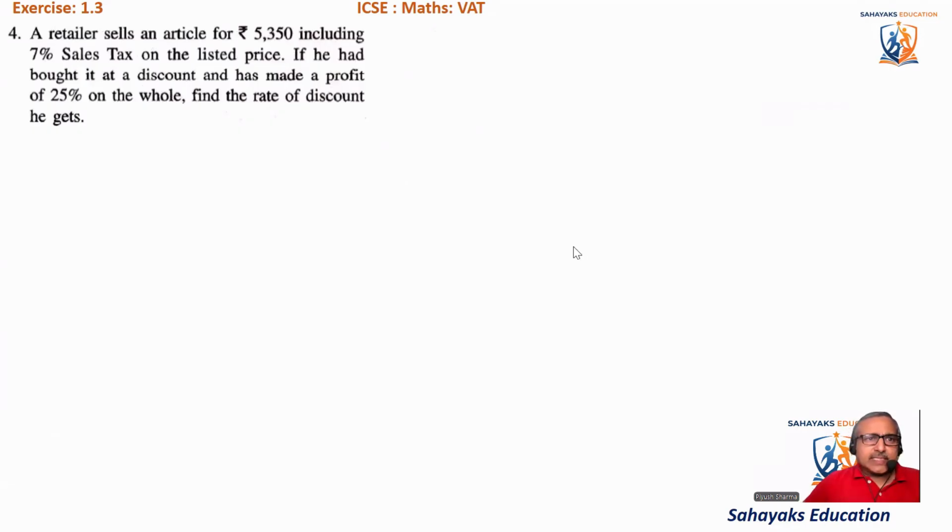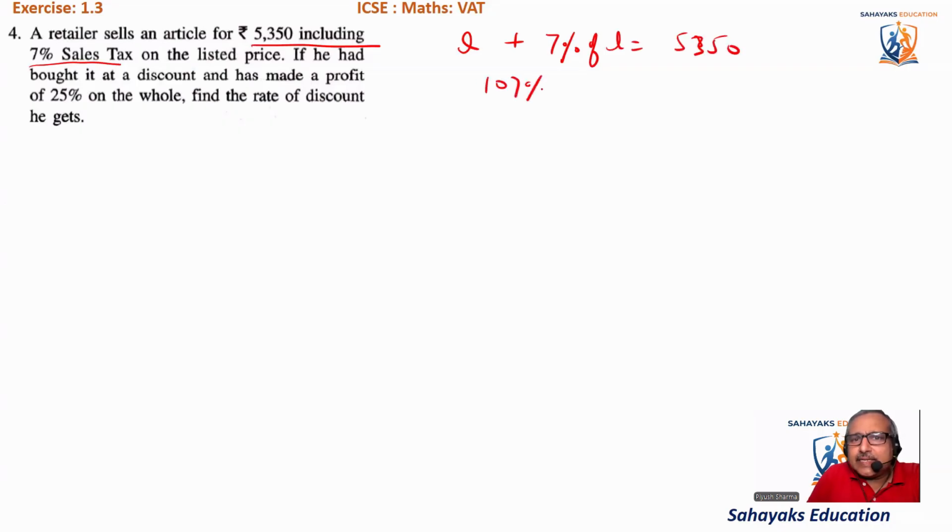This question states that a retailer sells an article for 5350, including 7% sales tax. So 5350 is inclusive of sales tax. Say the list price is L. So L plus 7% of L comes out to be 5350, or I can say 107% of L is equal to 5350, from where we'll find the value of L. So 107 by 100 into L is equal to 5350.